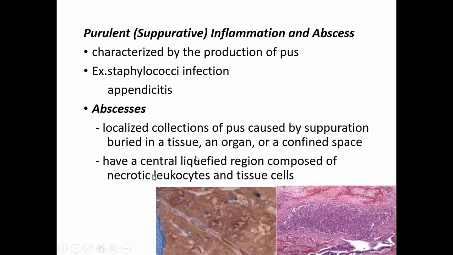It has a central liquefied region composed of necrotic leukocytes and tissue cells. Grossly, this is the appearance of an abscess. And microscopically, the usual picture is numerous neutrophils confined in one space.